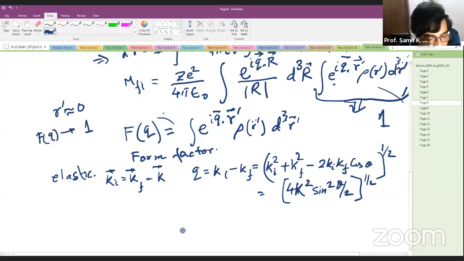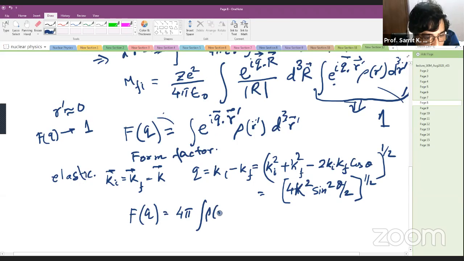Also, you can rewrite this f(q) in a better way. I am not going to do this small derivation. You can put q dot r equal to q r cos theta, and then f(q) can be written in a much better form: 4 pi, integral of rho(r) r squared dr, sine qr by qr.